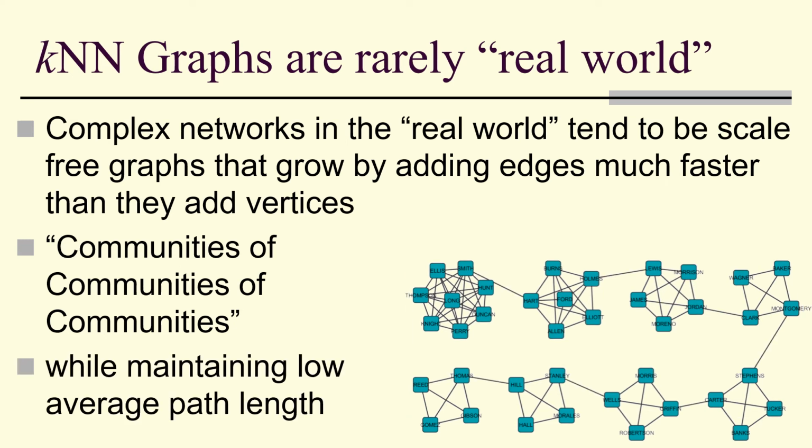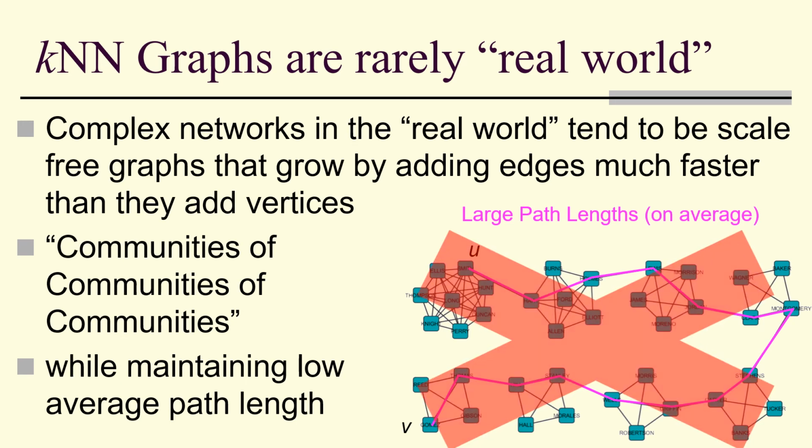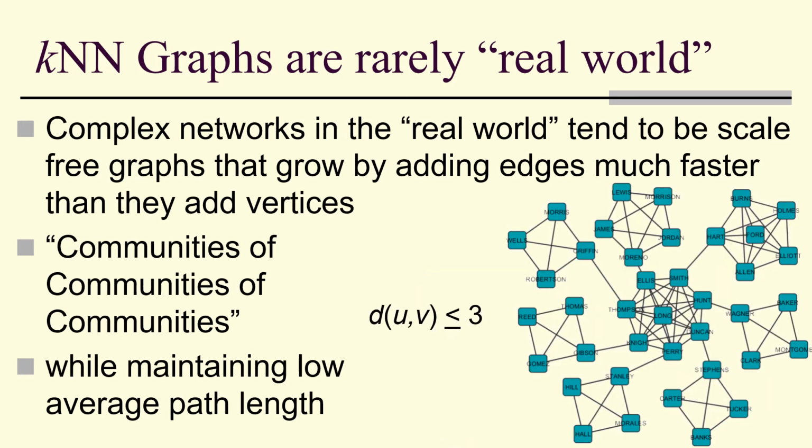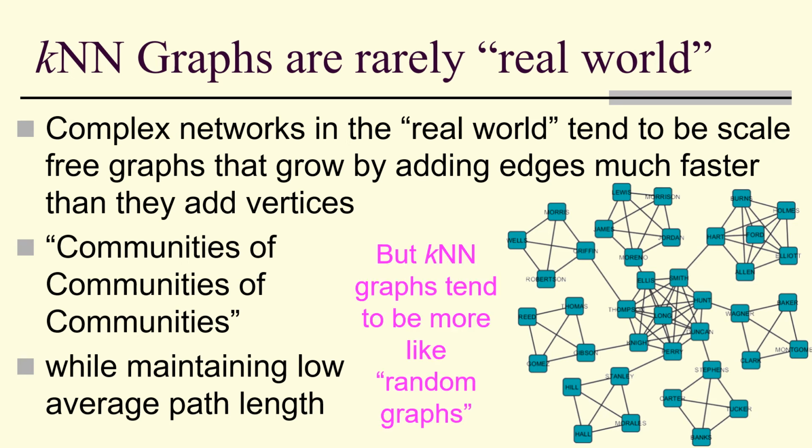And they maintain low average path length when they do that. Here we have a graph where the way I've connected these communities means that some vertices are very far apart. That's not real world. Real world, we tend to have communities of communities of communities.